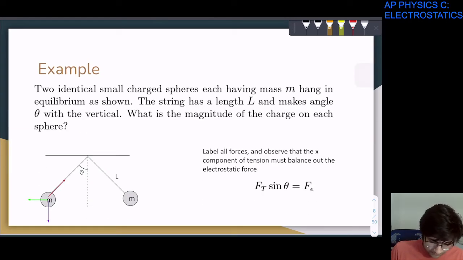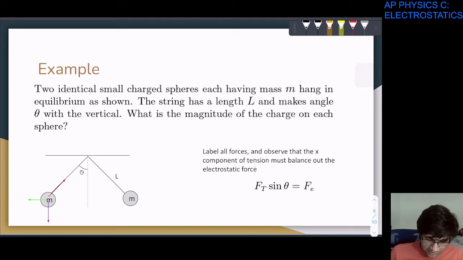So the first step, of course, is to label all the forces. Here we have in green the electrostatic force, in purple gravity, and in red the tension of the string. Notice that the tension of the string times the sine of theta, which is this horizontal component, is going to be the part that has to balance out the electrostatic force.